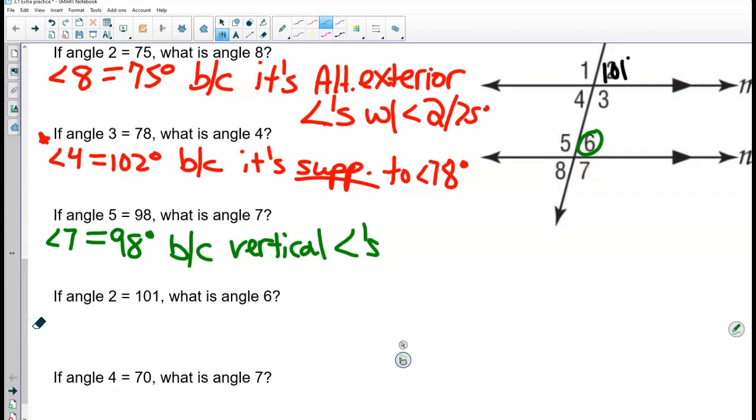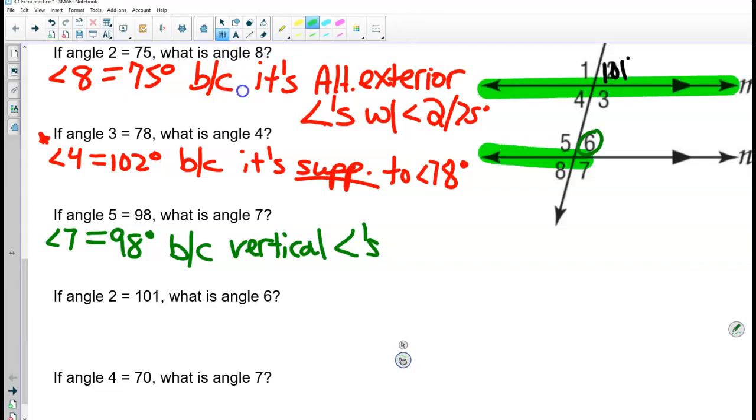So I like to draw my lines with my highlighter just to see if I have anything here. One's on the outside of the parallel and one's on the inside, which means right away it can't be alternate interior or exterior.